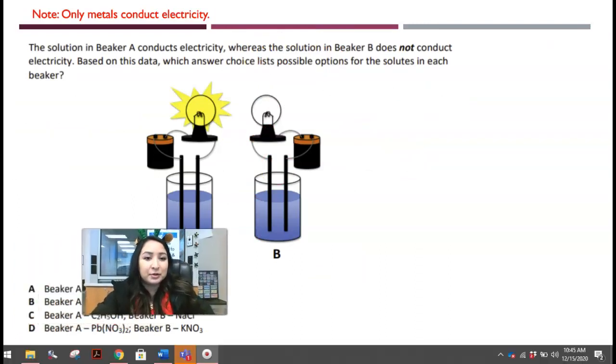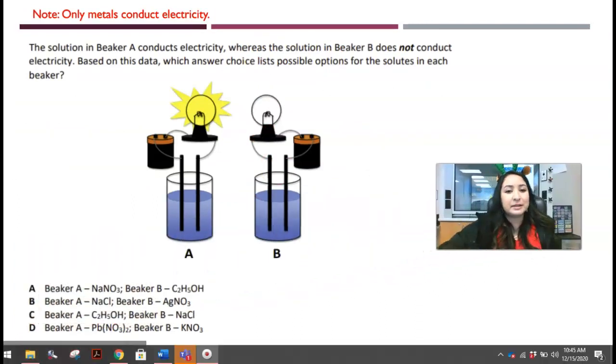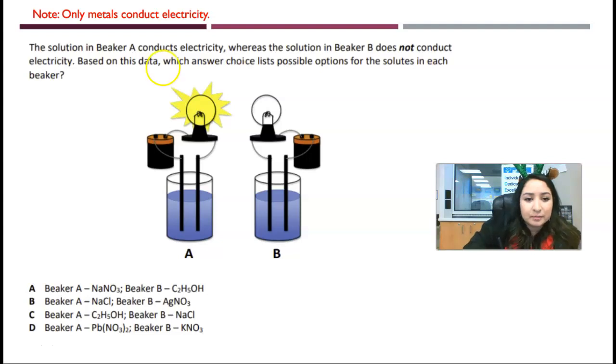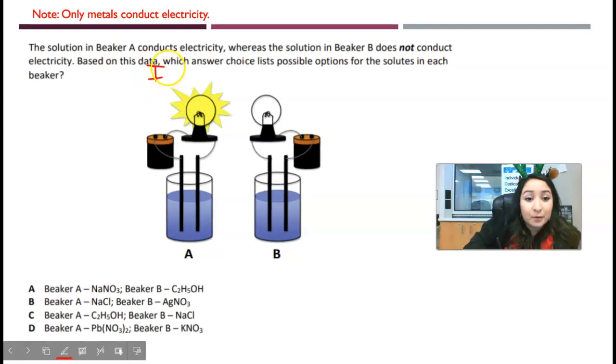It says a solution in beaker A conducts electricity, whereas the solution in beaker B does not conduct electricity. You can kind of tell by the little light. Based on the data, which answer choice lists possible options for solutes in each beaker? I know whenever they conduct electricity, it needs to be ionic. I don't know where my little cursor is. I think it's over here. Wow, I couldn't see.